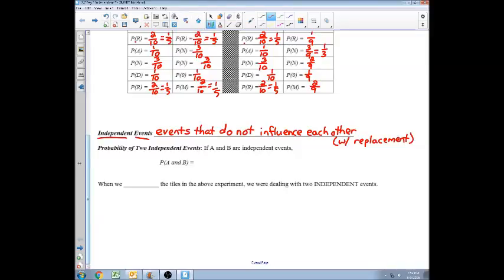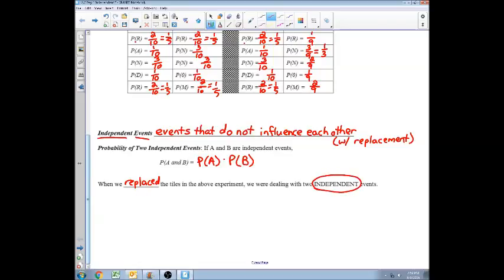So in order to figure out the probability of 2 independent events happening at the same time or back to back, it would be the probability of A happening, the first event happening, times the probability of the second event occurring. When we replaced the tiles in the above experiment, we were dealing with 2 independent events.